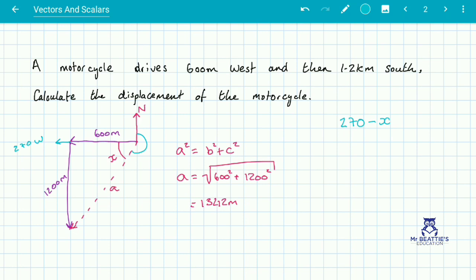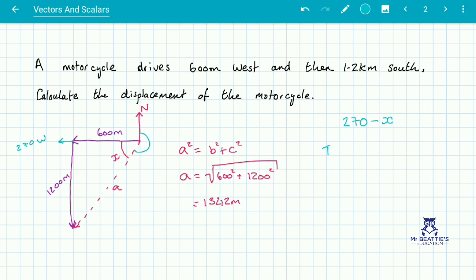First things first, work out our value for X. Tan of X is opposite over adjacent. So X is tan to the minus 1 of 1,200 over 600, and that's going to come out as 63 degrees.